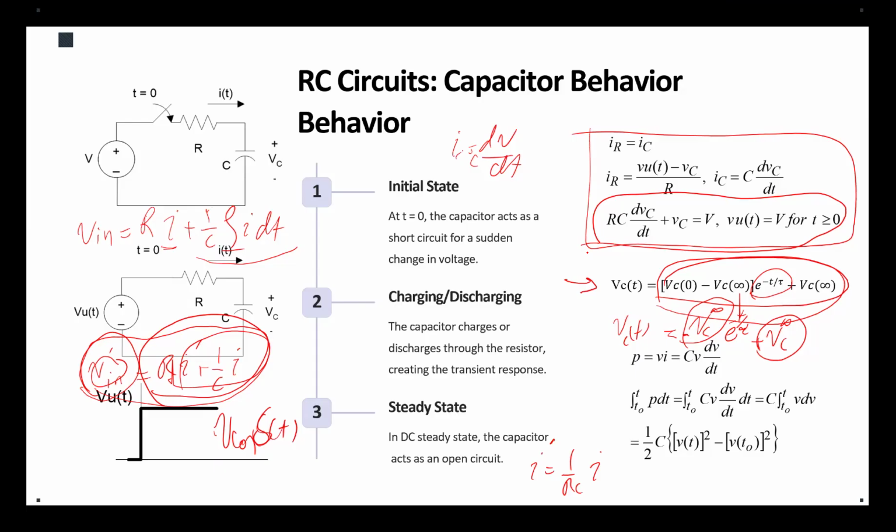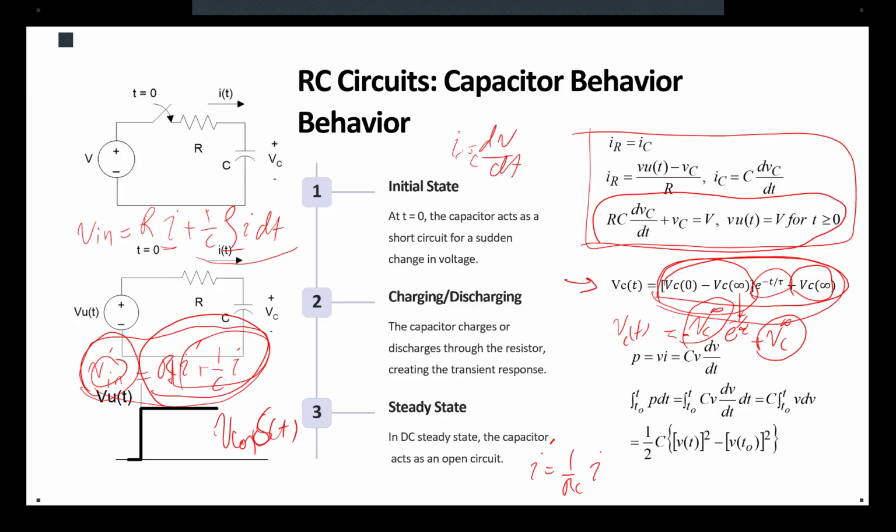So the general solution, if you run the integral and find the value for voltage, is going to be the value at 0 minus the value at infinity, times that exponential, plus the value at infinity.